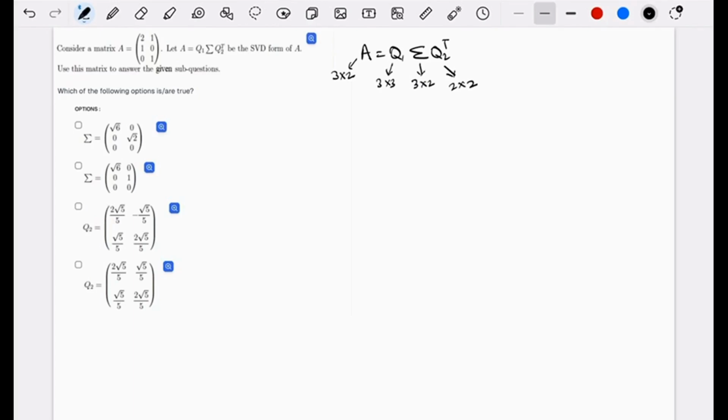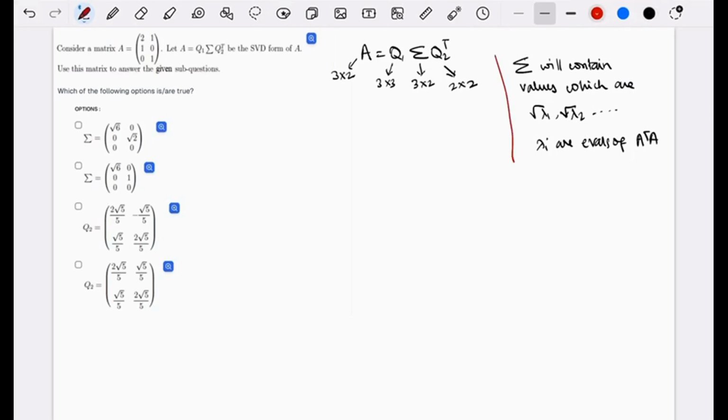Now, what will be the values in sigma? Sigma will contain values which are under root lambda 1, under root lambda 2, and so on, where the lambda i's are the eigenvalues of A transpose A. So this is what we know.